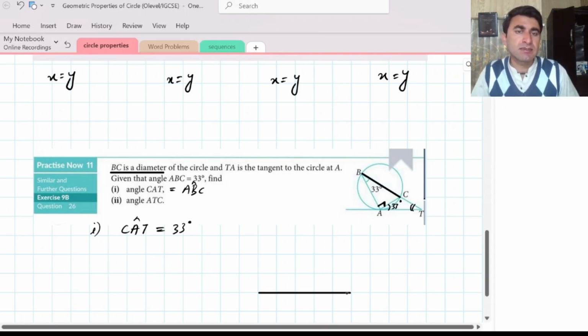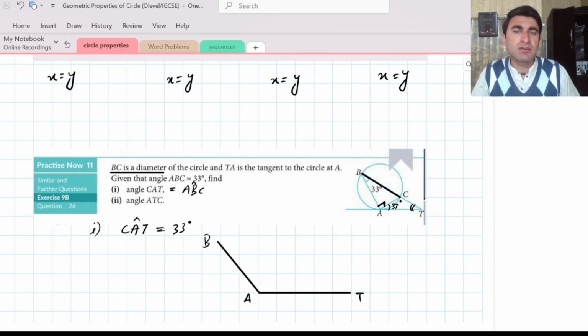Like this, side AT, here is the side AB, and then it goes to side BT. As we know, the angle over here is 33 degrees. The angle at position A is 90 plus 33, and that is definitely 123, and we have to figure out this angle.